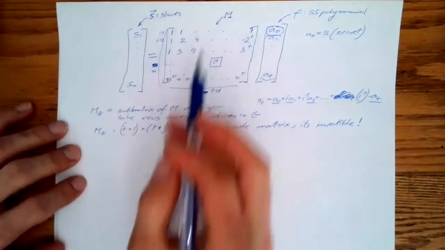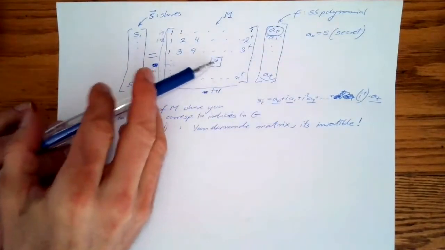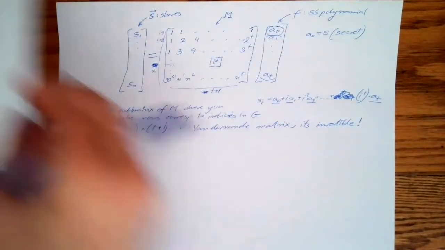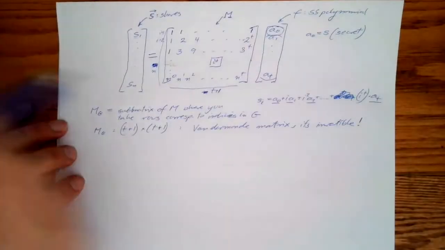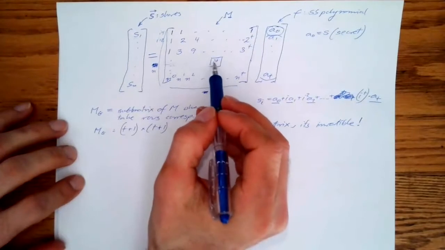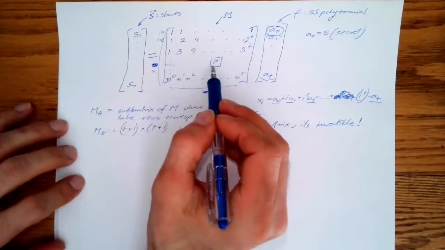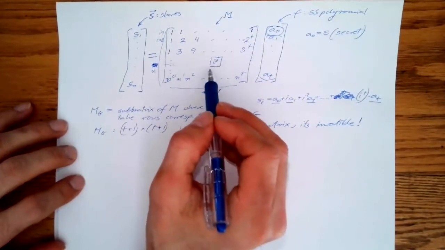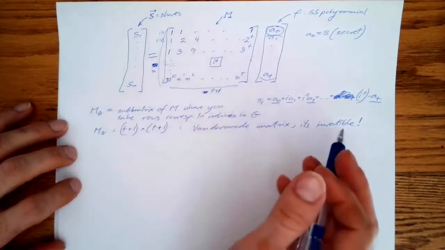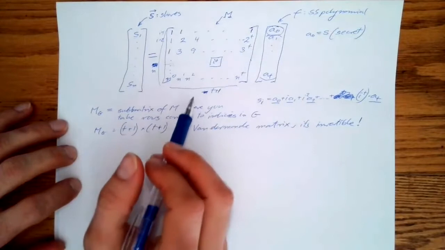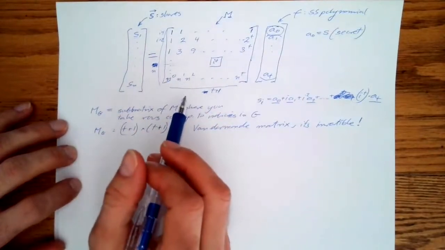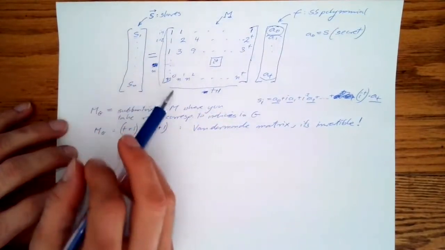If I took arbitrary evaluation points alpha_i, the entry would be alpha_i to the j. This would be invertible no matter what alphas you evaluate on, as long as they're all different.